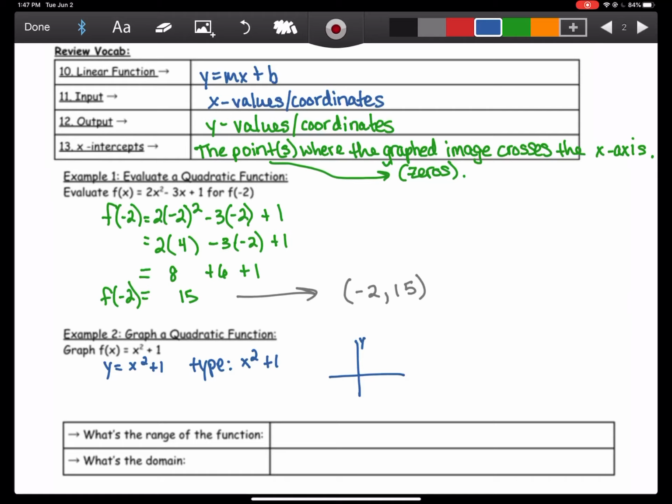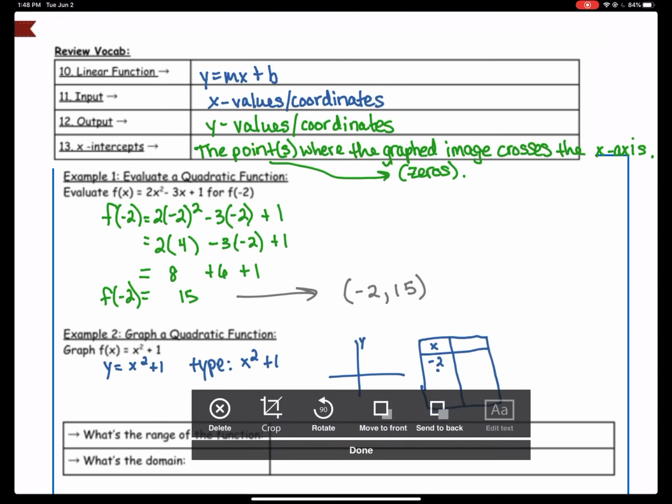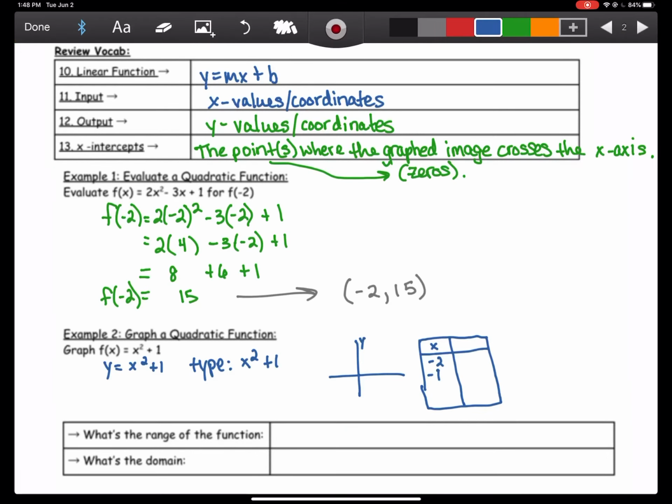So once we have this, remember, another idea that we talked about was to split that screen and do the x inputs, pick your x's. With an x squared, it's really important that you pick some numbers like, let's say, negative 2, negative 1, 0, 1, and 2.